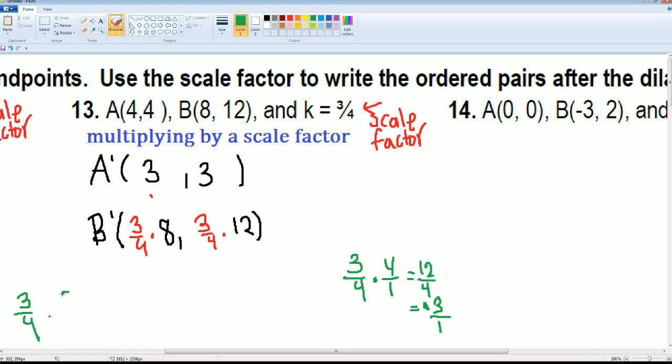4 times 3/4 times 8 over 1. This becomes 1. This becomes 2. I simplified it across. 3 times 2 is 6. Yeah, so it is 6.